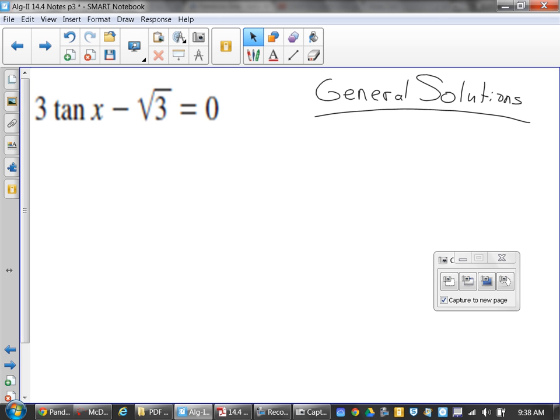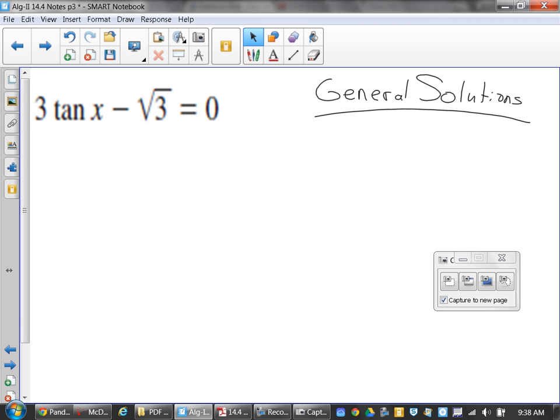Is there some revolution that you can add on to it? Do you get to this angle every pi revolution, or every 2 pi revolution, or every pi over 2 revolution like your 45s? Things like that. That's what we're looking at today. It's not a lot different as far as the setup and procedure. It's how you write it in the end.